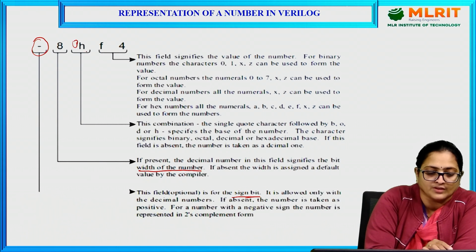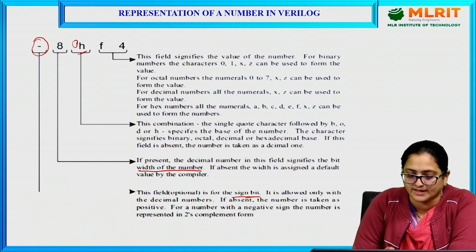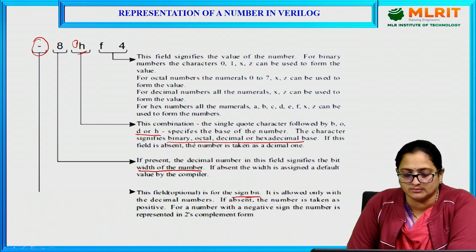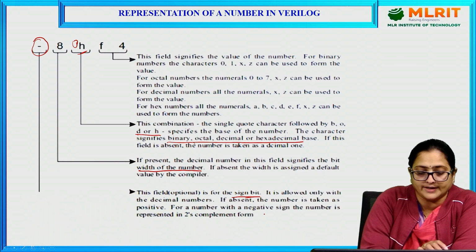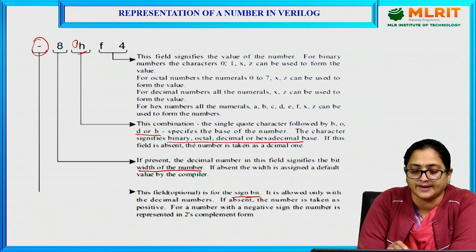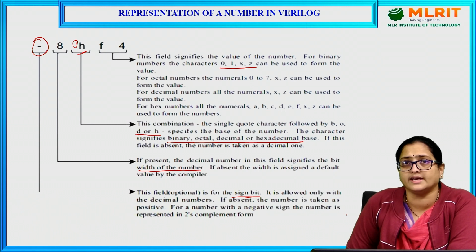And the tick H represents whether it is hexadecimal, decimal, octal, or binary. And F4 represents the number, and the number's characters may be 0, 1, X, Z.